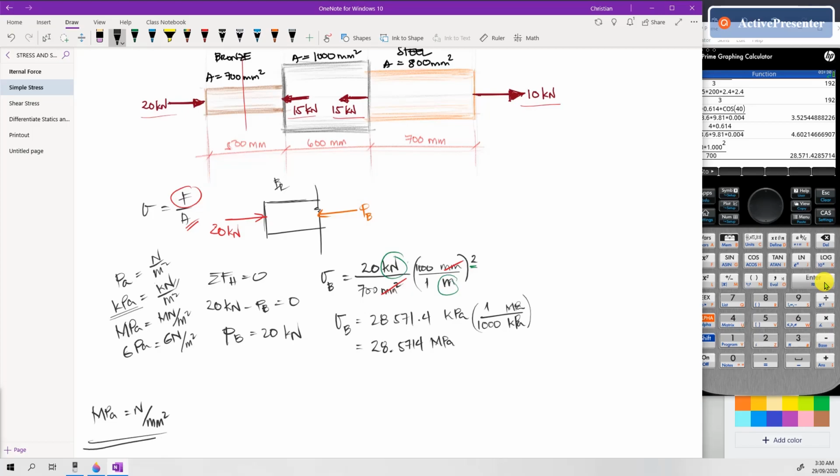So, pwede rin namang ganito. Yung megapascal nga is equivalent sa Newton per millimeter squared. Then, solving again for stress at bronze. Yung force na 20 kilonewton, i-convert ko na lang siya sa Newton. Kilo means 1,000. So, we have 20,000 Newton over 700 millimeter squared. And again, Newton per millimeter squared is megapascal.